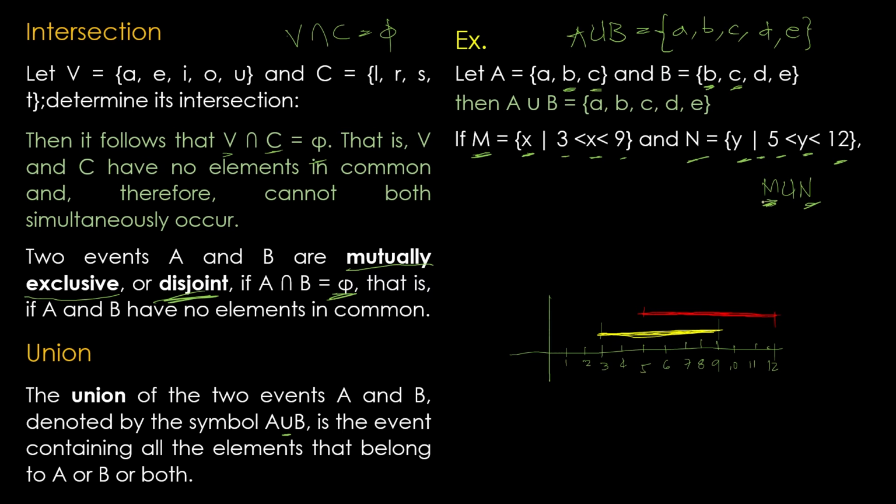You should write what consists of M, and also what consists of N, and also what is common to those two. If you imagine it as a number line, this is the coverage of your event M, and this one is your event N. So if you find the union between them, it is from here up to here.